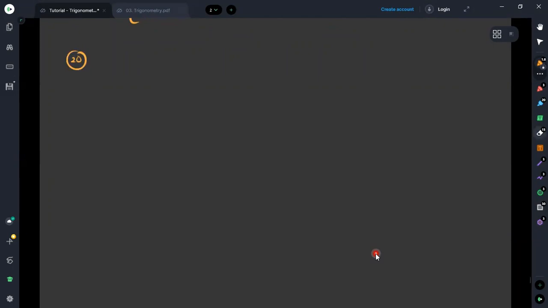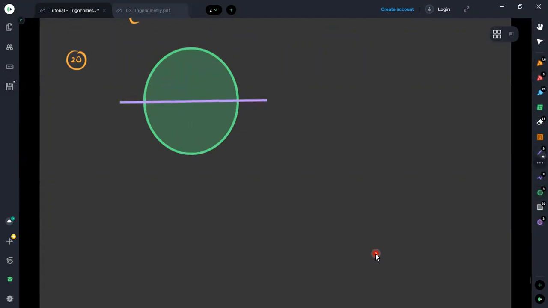Then it says that this is a positive acute angle. Therefore, an acute angle should be less than 90 degrees. Therefore, this is what we are getting as the angle theta.